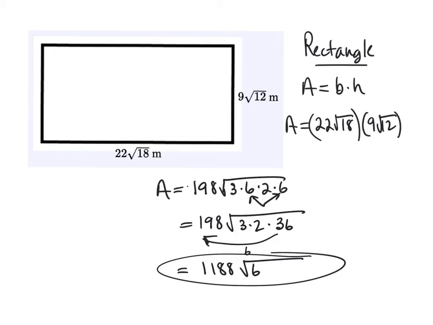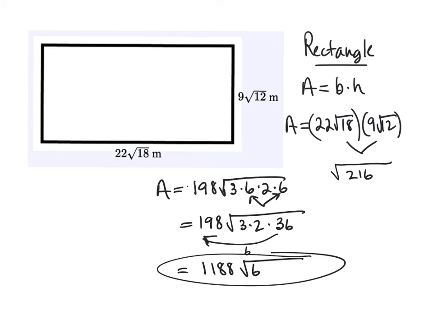Just to point out, if you get in trouble with your square roots, if you took 18 times 12, that would have been the square root of 216. And remember that you can go to the table.